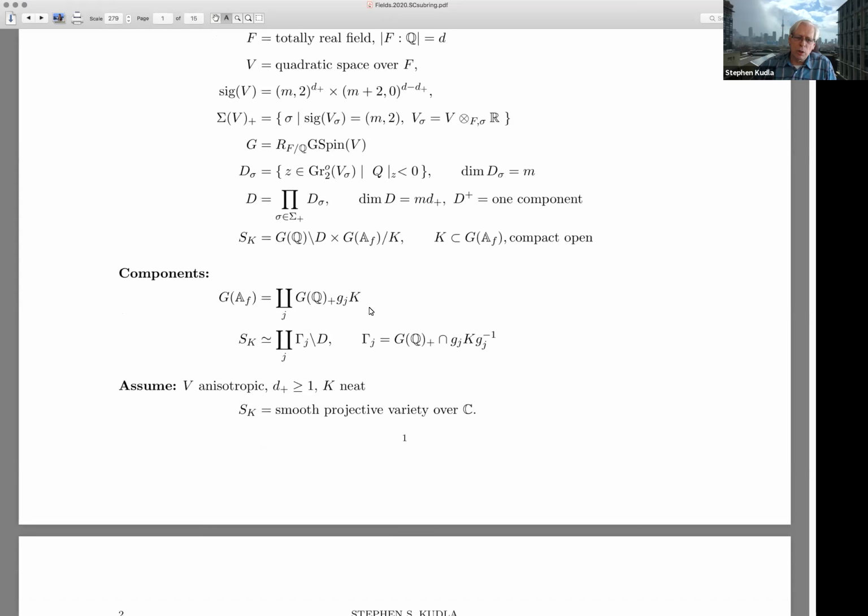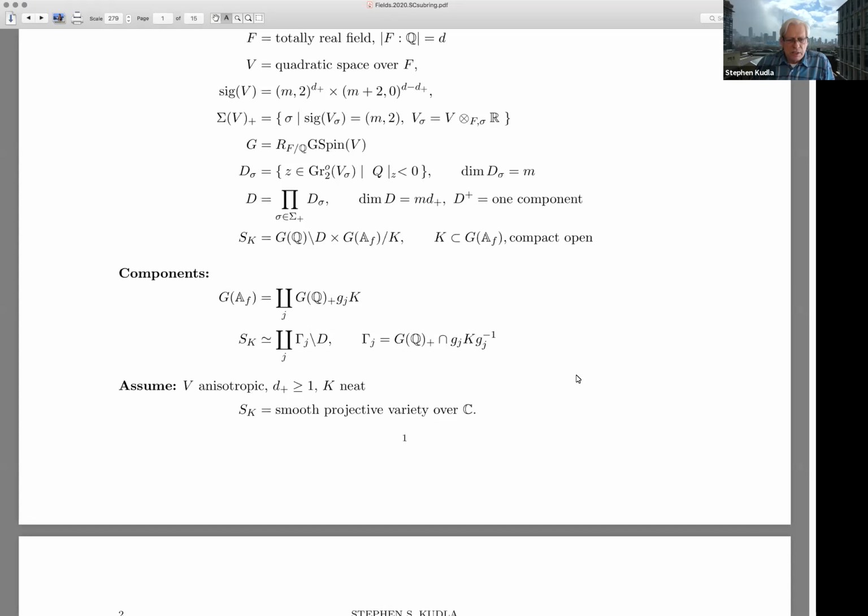If I write the double coset space like this, with some finite collection of g_j giving you double coset representatives, then in fact this Shimura variety looks like a finite union over the same set of j's of gamma_j acting on D, where gamma_j is this G_Q plus intersect this conjugate of K. And there probably should have been a plus here because I want this to be connected, and that's why I'm taking G_Q plus. Sorry, there's a typo already.